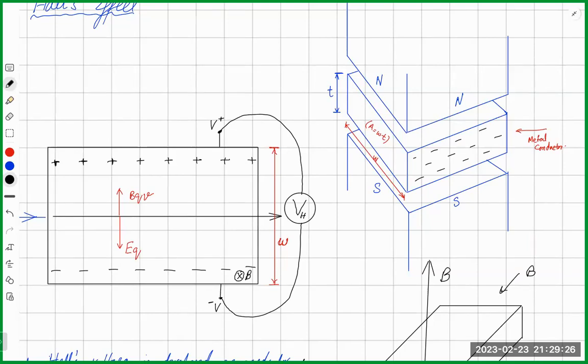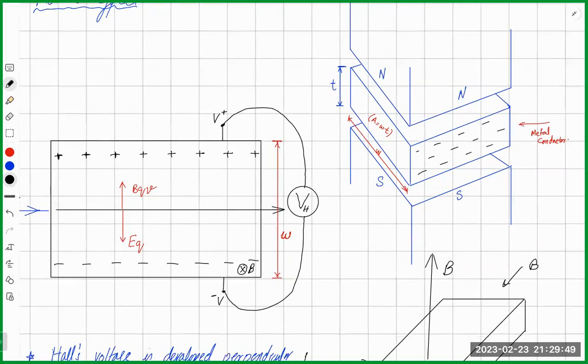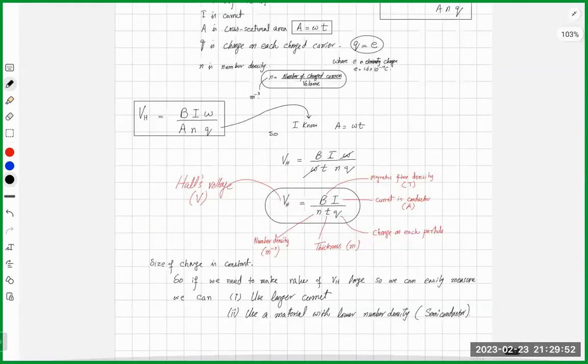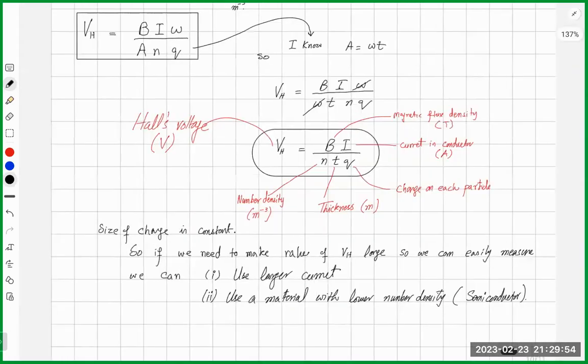Iron is a conductor, but not as good a conductor as copper. It has a smaller value of N, so the potential difference will be larger. But the best thing is semiconductors, because they have a very small N, and they can develop a very reasonable size Hall voltage, and we can easily measure it. So to make Hall voltage bigger, you can either use a larger current, or use a material which has a smaller N, for example, semiconductors.